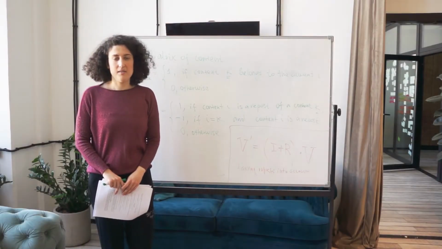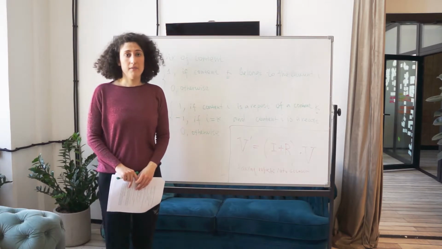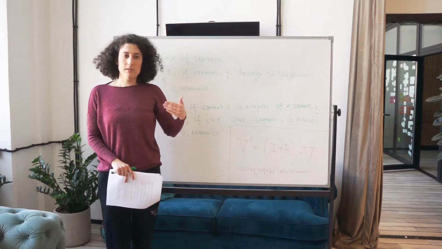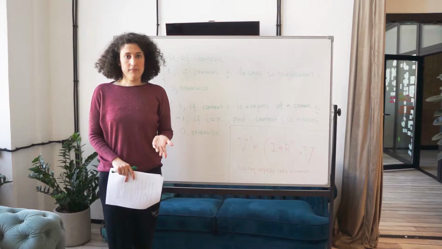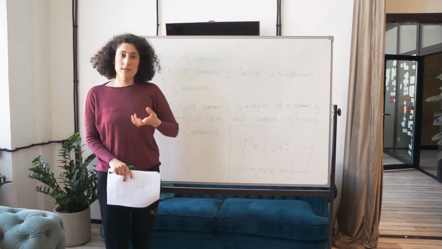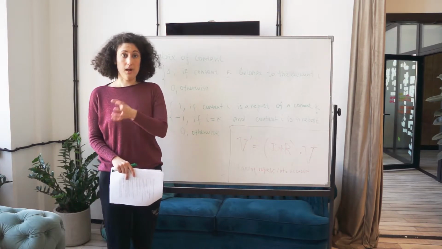Hi guys, so I just explained to you what matrix V is. Just one more time, each element of matrix V represents the weight of the transaction that a certain user gives to a certain account.